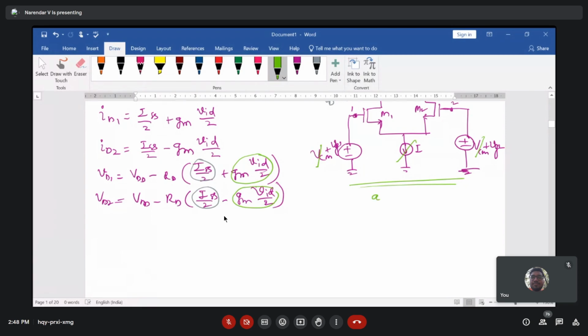Now if I draw AC equivalent model, AC equivalent circuitry, then what you can see here is the resistor, and here the resistor and second transistor. So this is connected to ground because it is connected to VDD, and this is also connected to ground. This is RD and this is also RD, right? And both the sources are connected to current source. Now current source is connected to ground, and this point is referred to be virtual ground point.